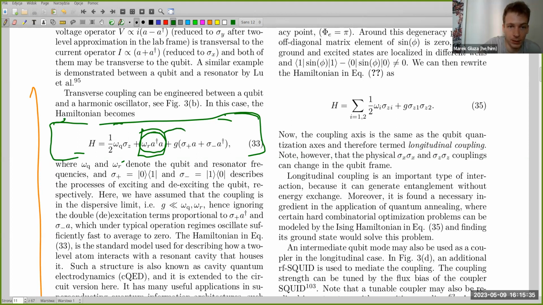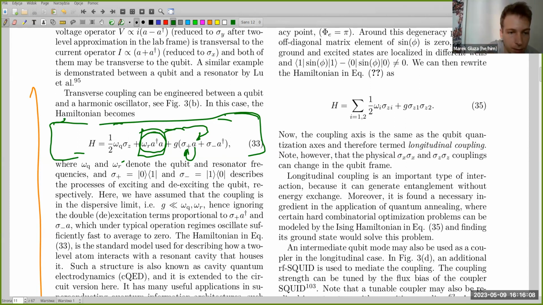And then my interaction will take my excitation that I added to my cavity, which is my harmonic oscillator, and the interaction will change the qubit. Actually, what will happen, you can see that I did it wrong: I will remove the excitation from the excited cavity or oscillator, but I will excite the qubit.